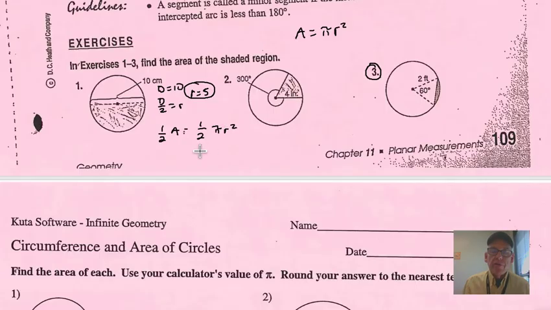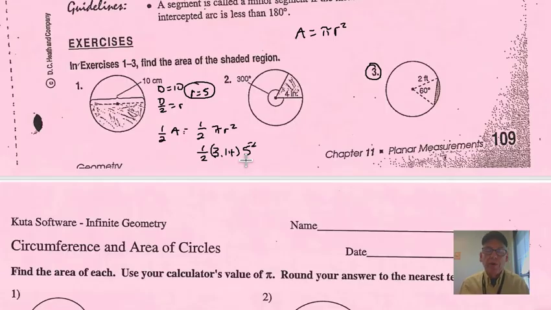And r is 5. So we have 1/2 times 3.14 times 5 squared is going to give us the area of the shaded region. So I'm going to do 3.14 times 25 and divide by 2. 3.14 times 25, 78.5, and I'm going to divide by 2 because we're doing half the circle.